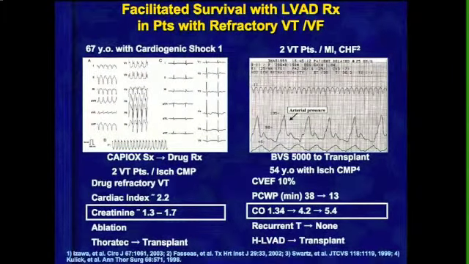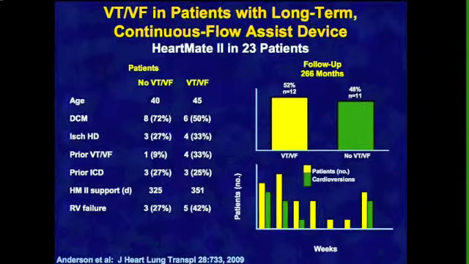They're for destination therapy. And if you look at patients with VT, there really were not that many patients with VT. Here's one patient. These are 4 different studies: 1 patient, 2 patients, 2 patients, 1 patient that did very, very well through treatment with an LVAD for their VT. This is looking at the obvious issue, and that's in patients who have those kind of continuous flow devices or LVADs, how many of them are going to get VT or VF long term?